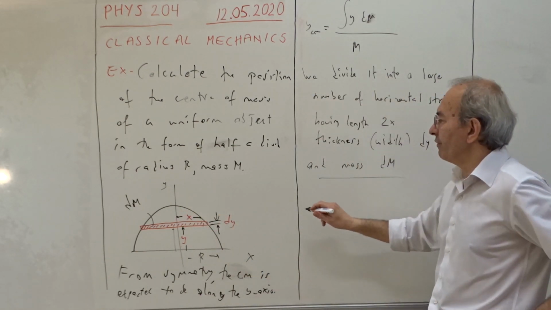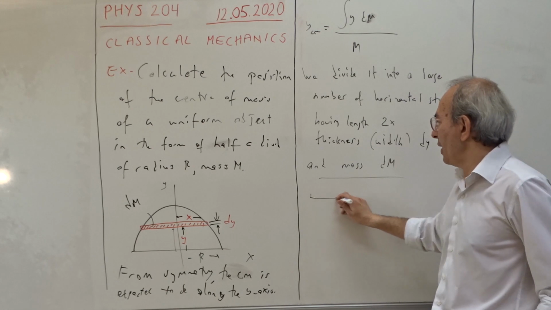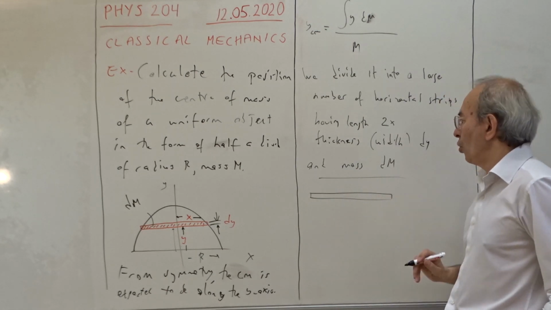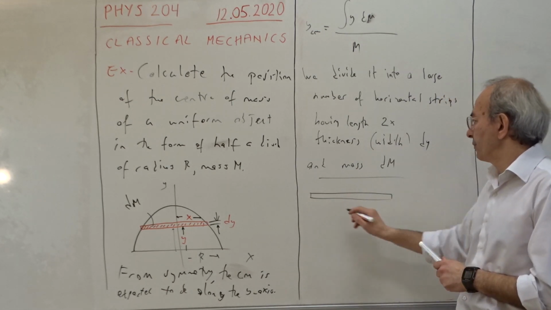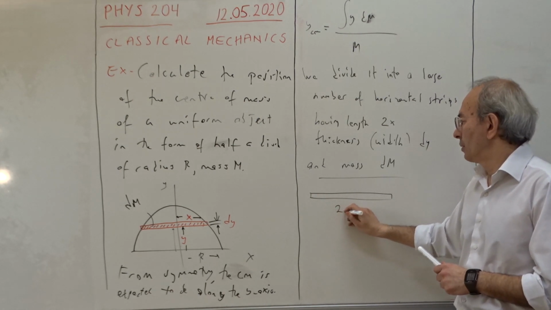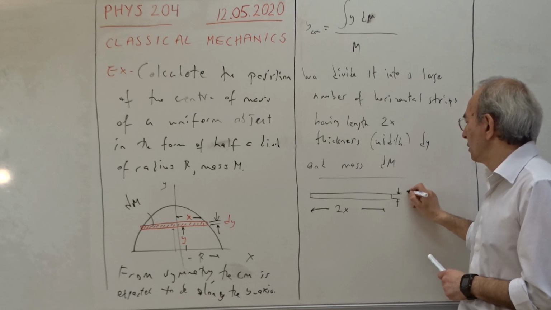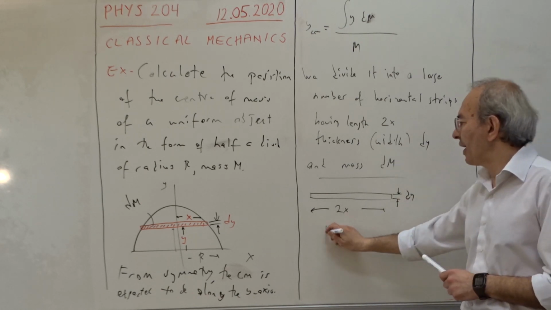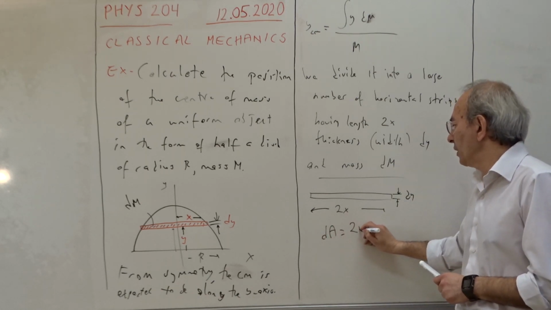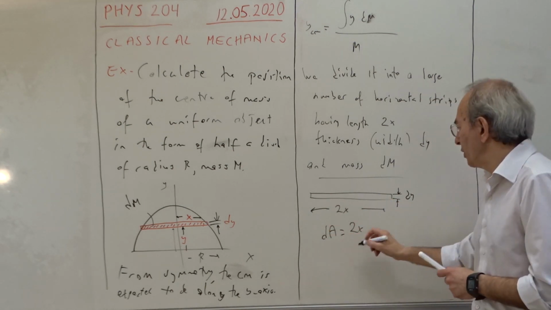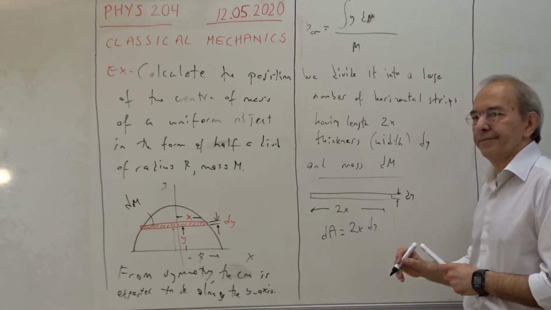So let's consider this area. This is the object. That part is 2x. This part is dy. So the area dA is simply length times width, 2x times dy.